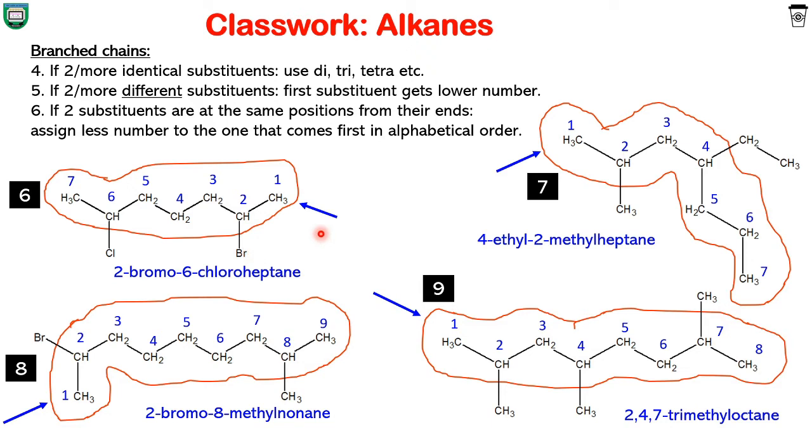In that case, we number from right to left, because B for bromine comes before C for chlorine in the alphabetical series. So B gets first, then chlorine, C. Okay. So let's name all the molecules.